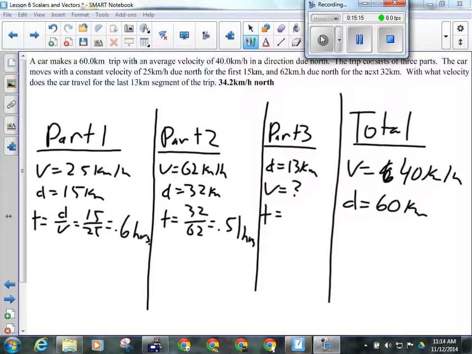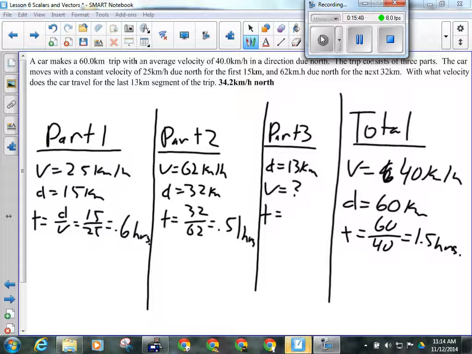I can't do anything else with part 3, but I can find the time for the whole trip. That's 60 over 40, which is 1.5 hours. The whole trip takes 1.5 hours, and I know how long the first 2 of the 3 parts take. So can I find the time for the last part? Yes, I'll add the first 2 parts together and subtract it from the total.